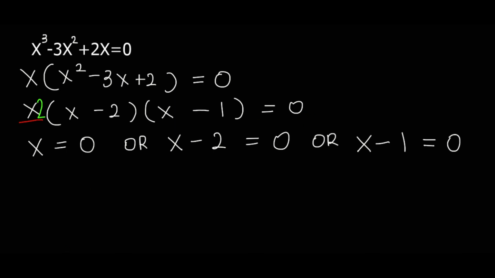If it's a variable, yes, you can say that about this side, but if it is a number, you divide both sides by that number. So anyway, x is equals to 0, and then from here solve for x, or x is equals to 2, or x is equals to positive 1. So we have 3 solutions.